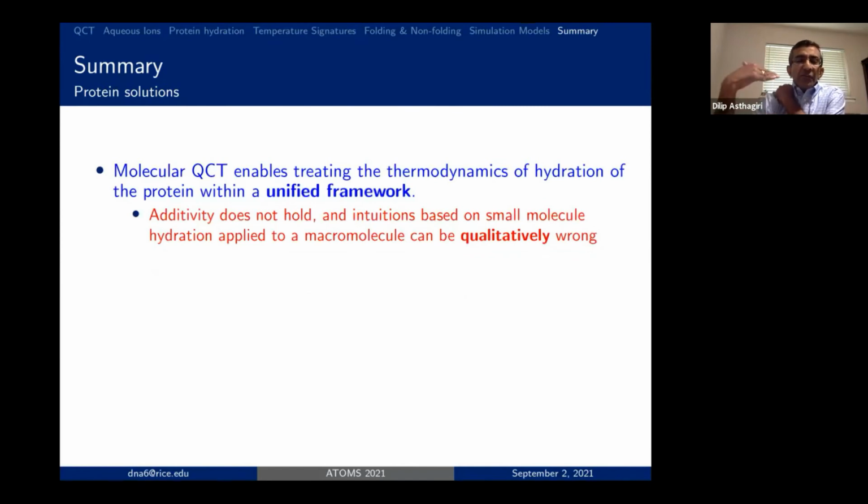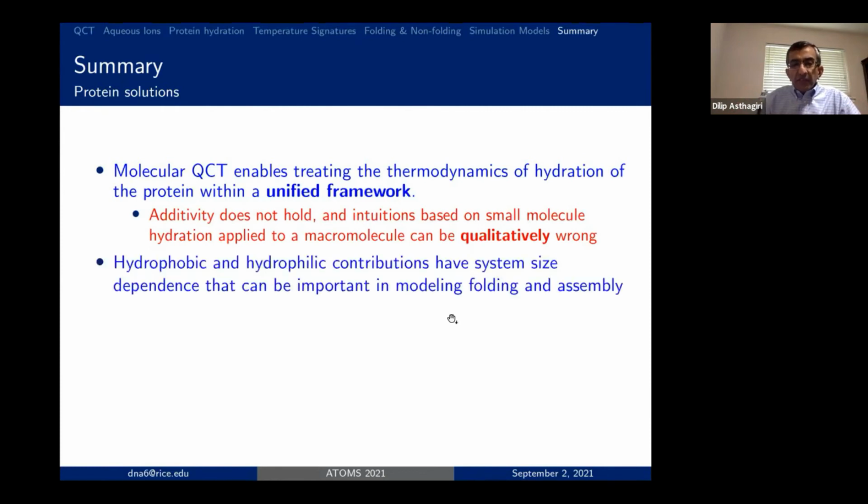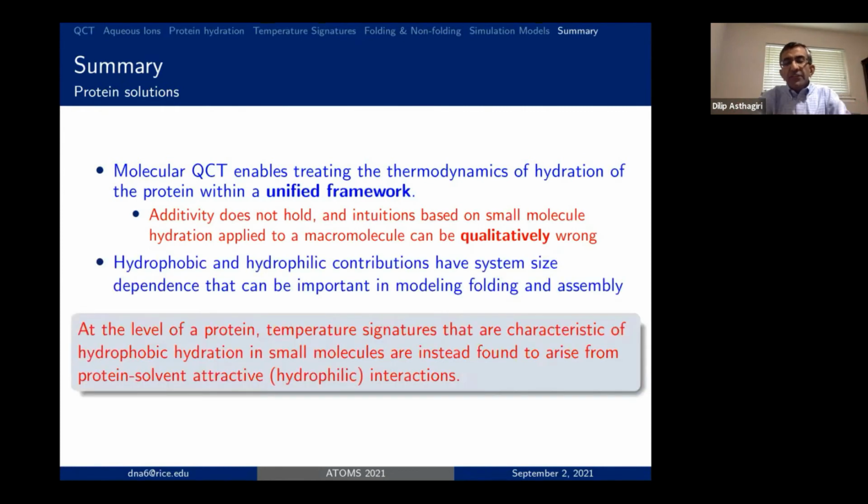In the case of proteins, we are now able to understand protein hydration without appeal to any additive approximations. And this has important implications. Importantly, the very notion of how we interpret the temperature signatures, we are arguing, should be reconsidered. We believe the signatures that are attributed to hydrophobicity are much more simply explained based on hydrophilic interactions.